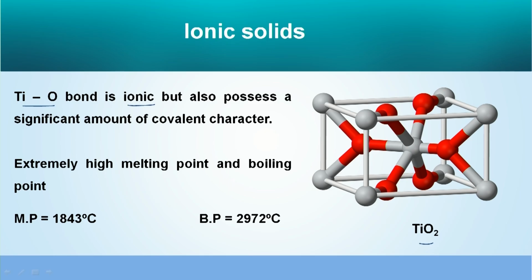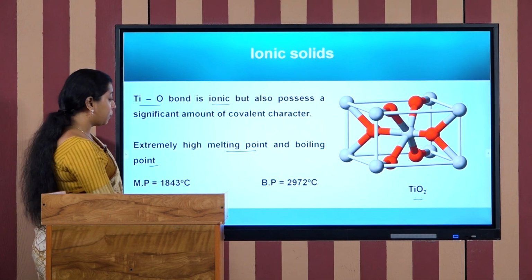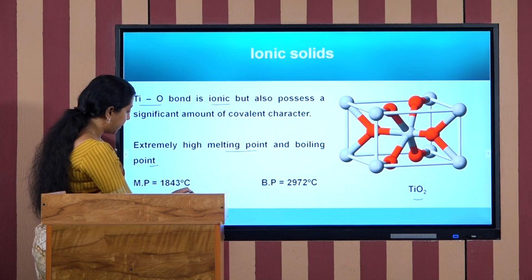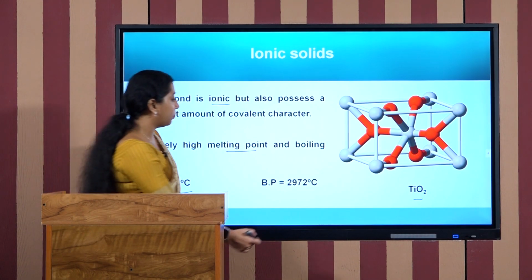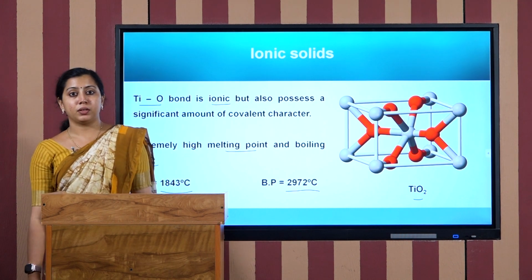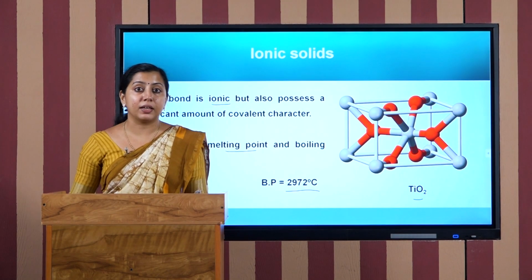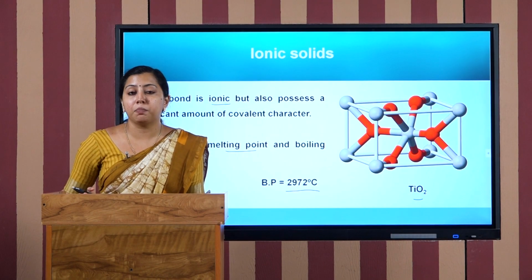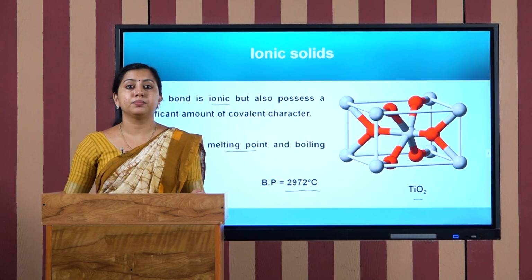As a result, they have extremely high melting and boiling points. TiO2 is characterized by a very high melting point of 1843 degrees Celsius and a boiling point of 2972 degrees Celsius. So, among different solids, ionic solids generally have very high melting and boiling points due to the strong electrostatic force of attraction.